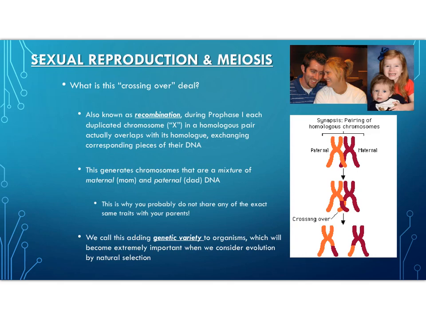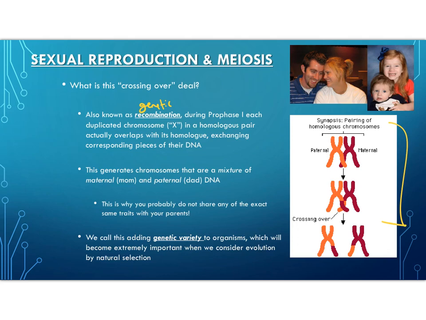Let's go back to this crossing over idea for just a second. So crossing over, pictured I think pretty well in this image right here, is also referred to as genetic recombination. All right, and this happens during prophase 1.